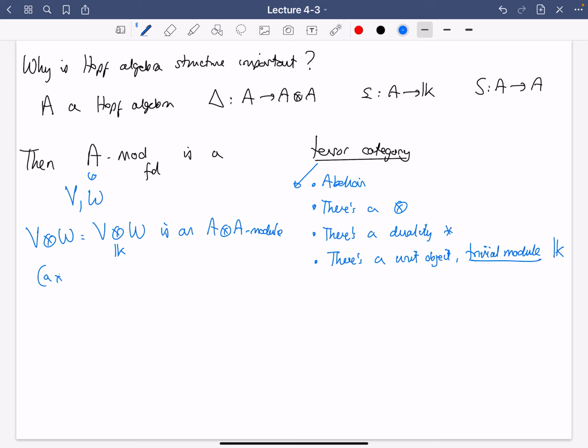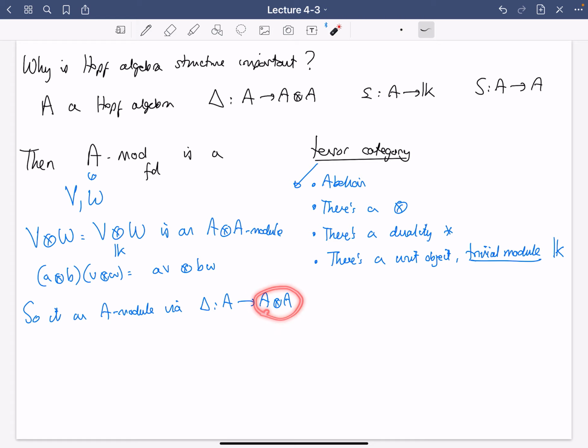Totally obviously, a pure tensor a tensor b in A tensor A acts on a vector v tensor w by a acting on the v and b acting on the w. So it's an A module via the homomorphism delta from A to A tensor A. You can pull back the natural action of A tensor A on V tensor W through this algebra homomorphism to get an action of A on V tensor W. So that's the tensor.